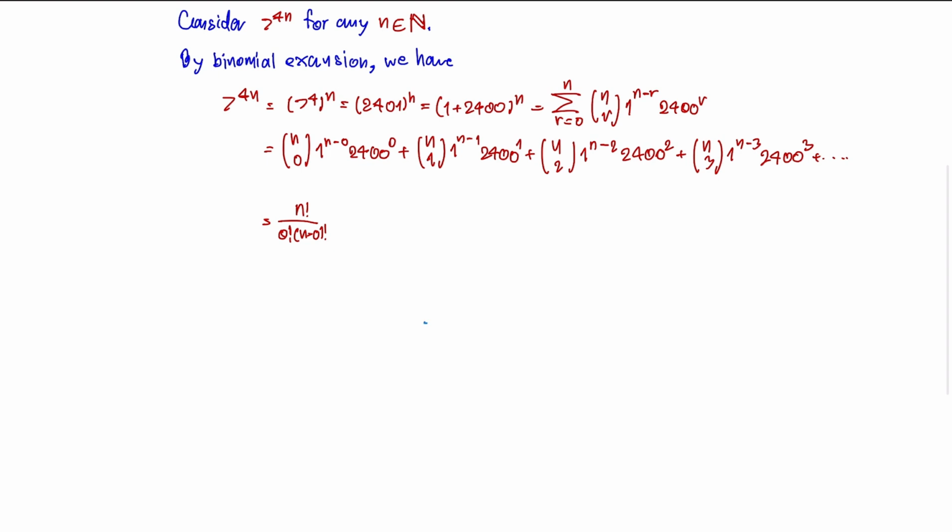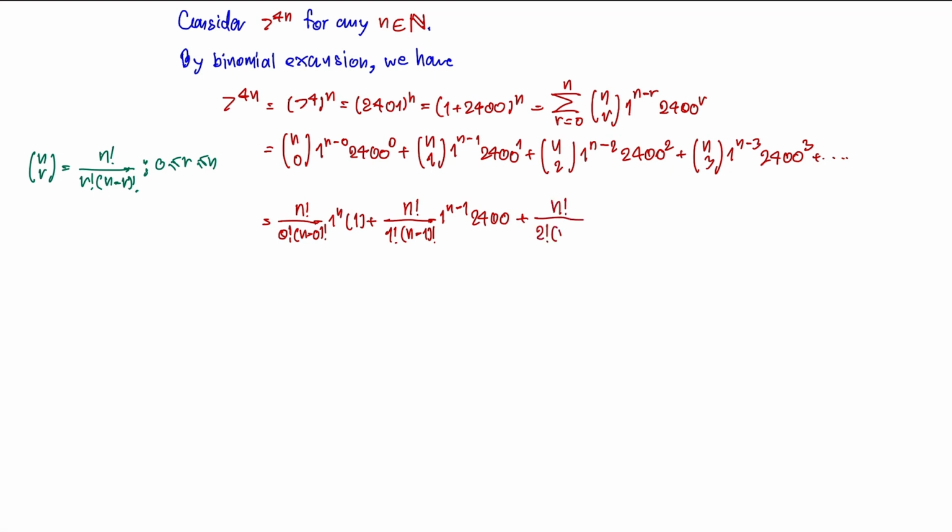Let me copy to here. 1 to the n times 2400 to the 0 is 1. n choose 1 is n factorial over 1 factorial times n minus 1 factorial, times 1 to the n minus 1, times 2400, plus n factorial over 2 factorial times n minus 2 factorial, times 1 to the n minus 2, times 2400 squared.